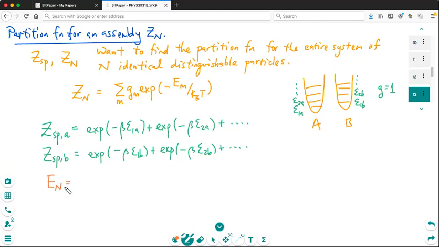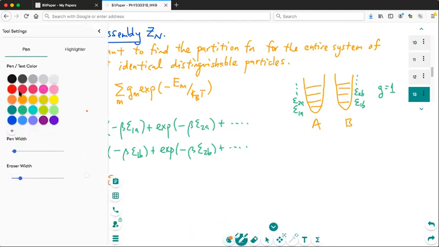Okay, what are the possibilities? So the possibility will be this. This will be whatever the energy of A that you can have plus the energy of B. Okay? That is why we call this an assembly. This is an assembly of two particles, two single particles.